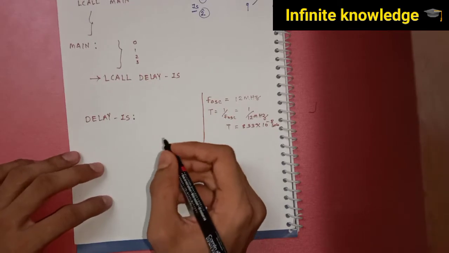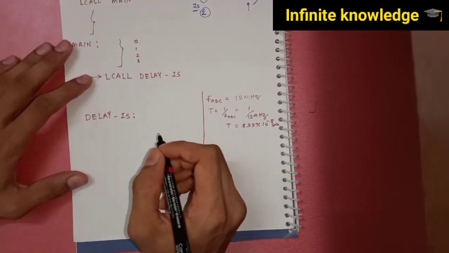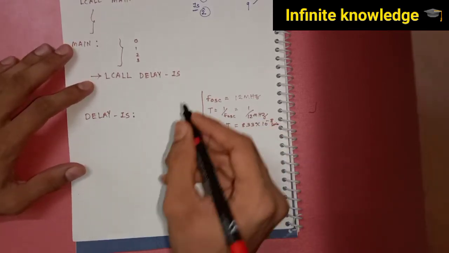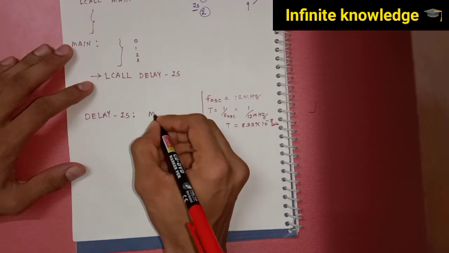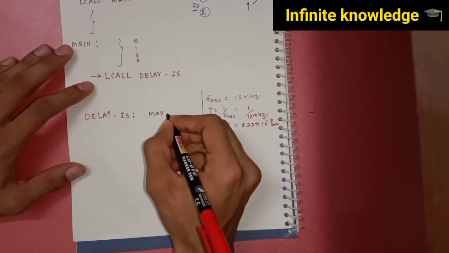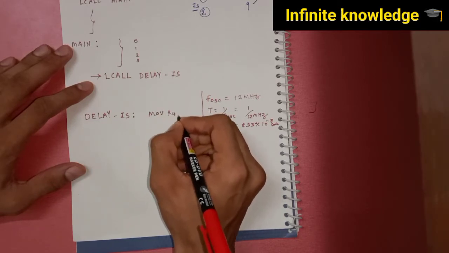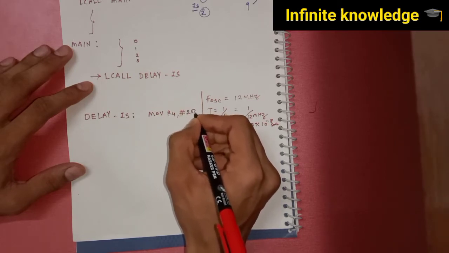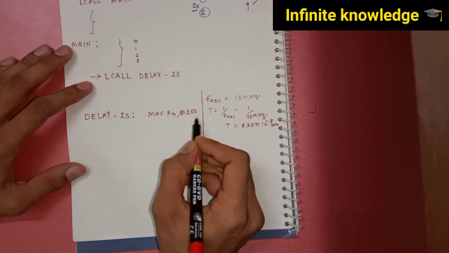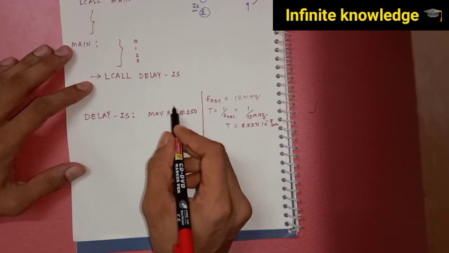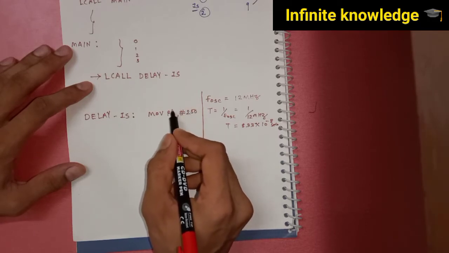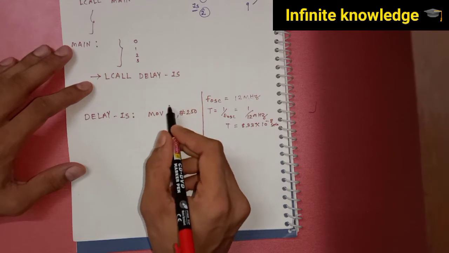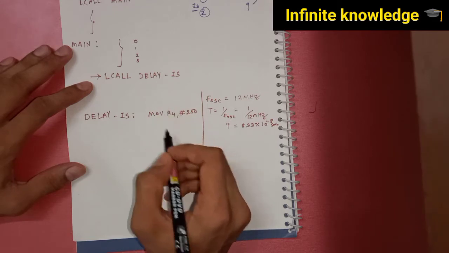So for the delay, you first have to use the MOV instruction, R4 comma pound sign 250. So what is this? This is 250 in decimal, and this 250 is added to R4. R4 is one register in the microcontroller.